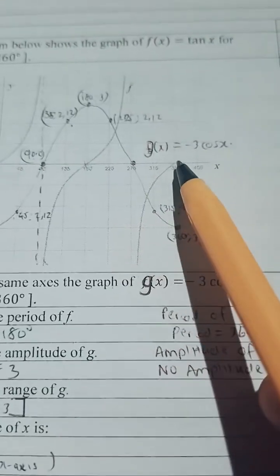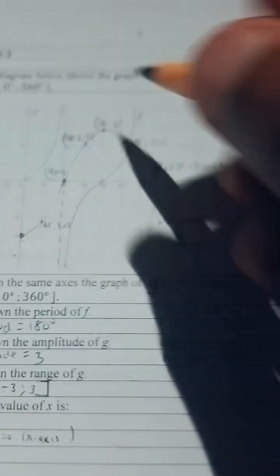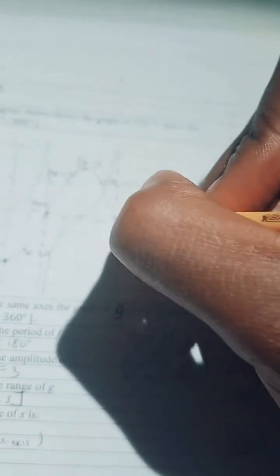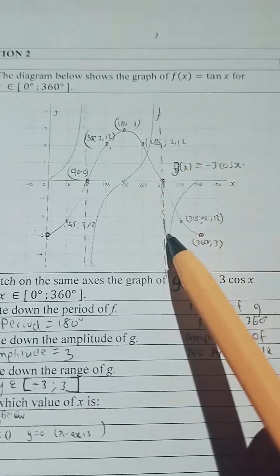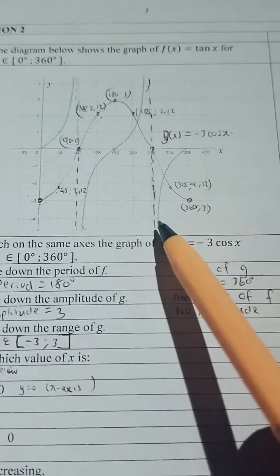Then, again, you can see here is the function again. It's negative. But yet again, the line x is 270 is what we refer to as the asymptote. Okay, we have another asymptote, vertical asymptote, at the line x is equal to 270. That's very important, guys.